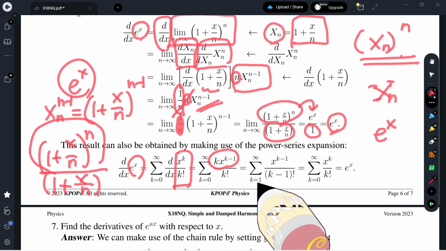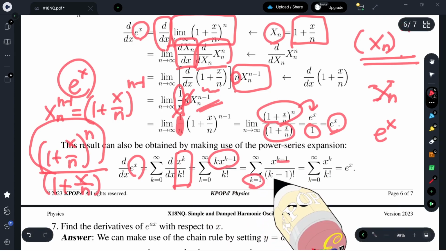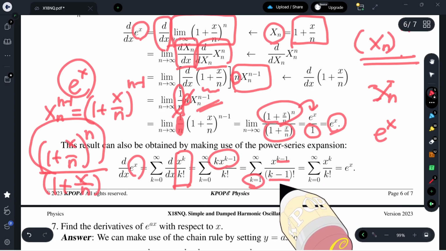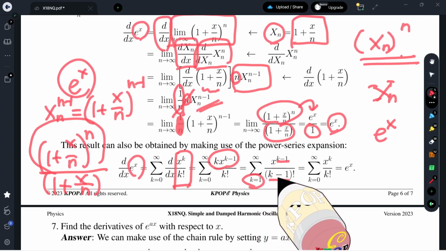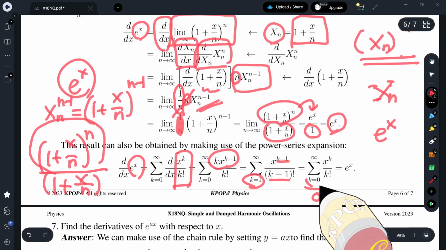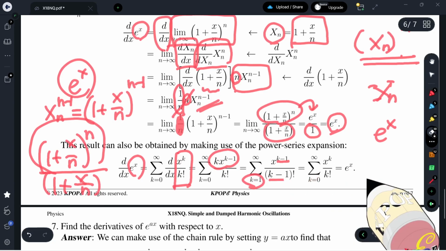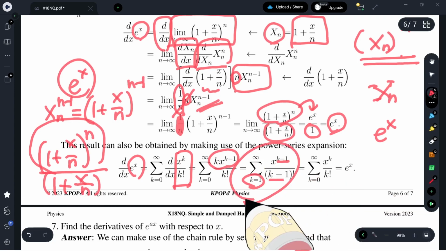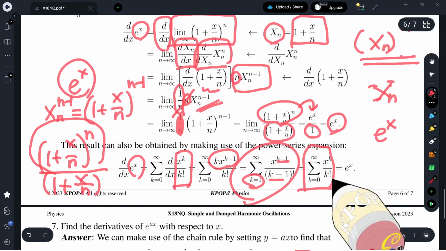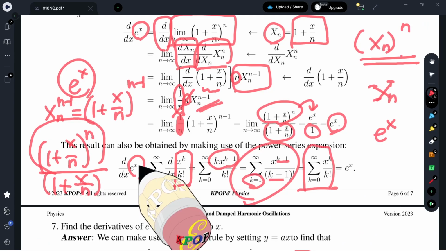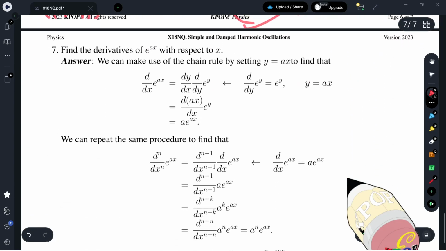Then the sum starts with k equals 1. And we can shift back this index. If I substitute k equals 1, then it becomes 0 factorial and x to the 0. Aha! So this sum can be written in this form. What's that? That is identical to the original power series expansion of the exponential function.